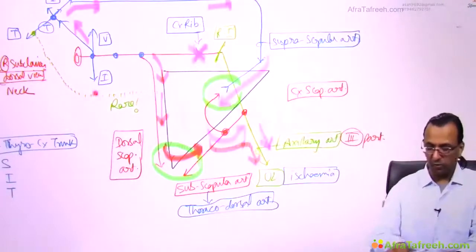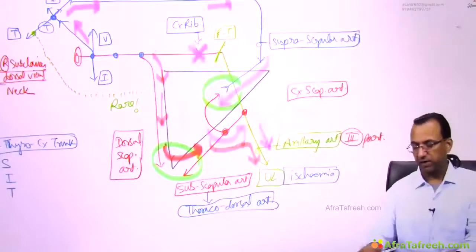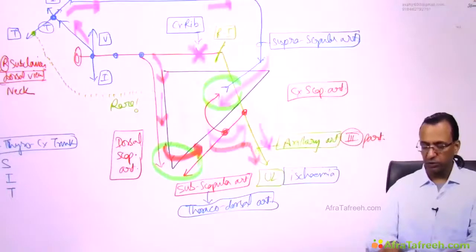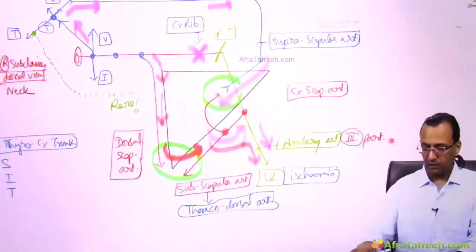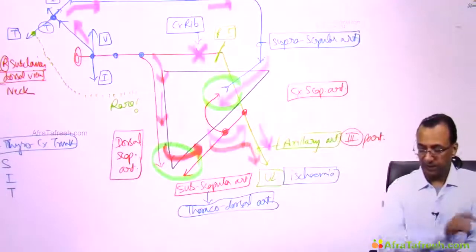Then what is more usual? What is more usual is the third part of the subclavian artery anastomosing with the third part of the axillary artery. Yes, third and third, though it can also be first and third: first part of the subclavian and third part of the axillary artery.